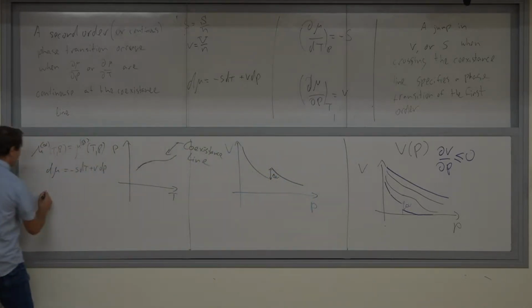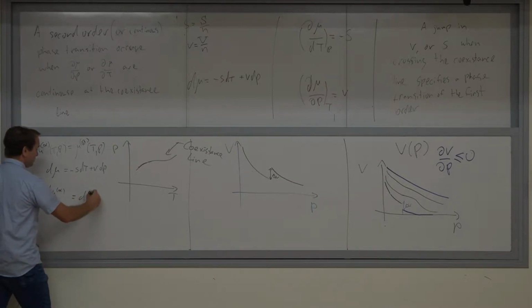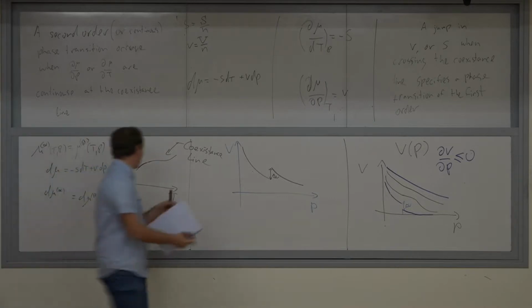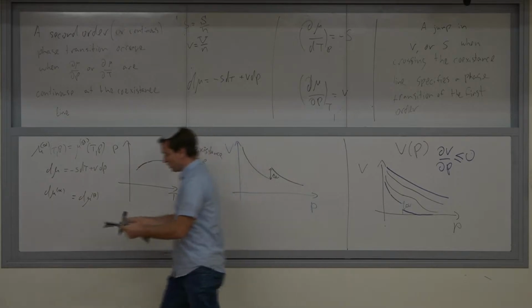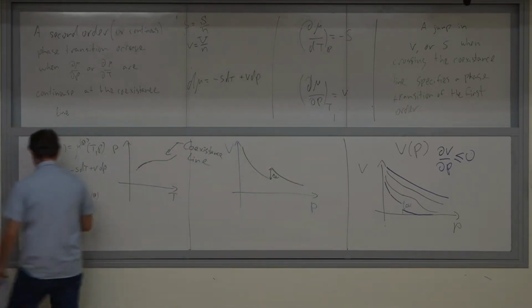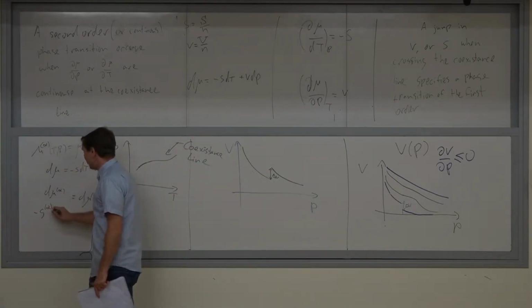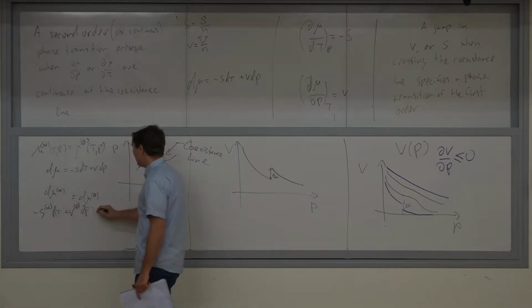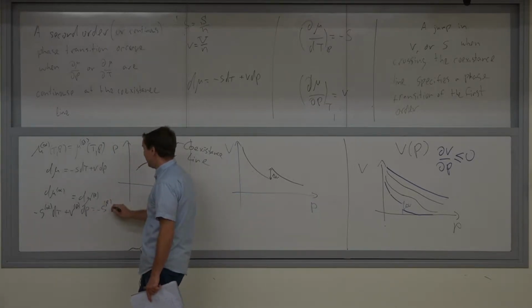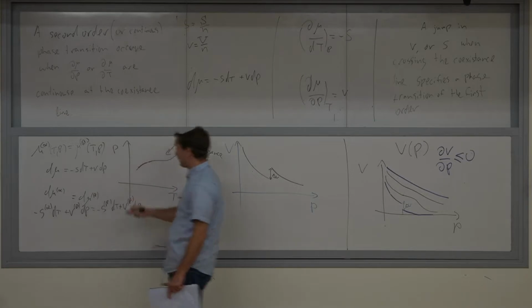So d mu alpha equals d mu beta when I'm on this coexistence line. So we have that minus S alpha dT plus V alpha dP equals minus S beta dT plus V beta dP.